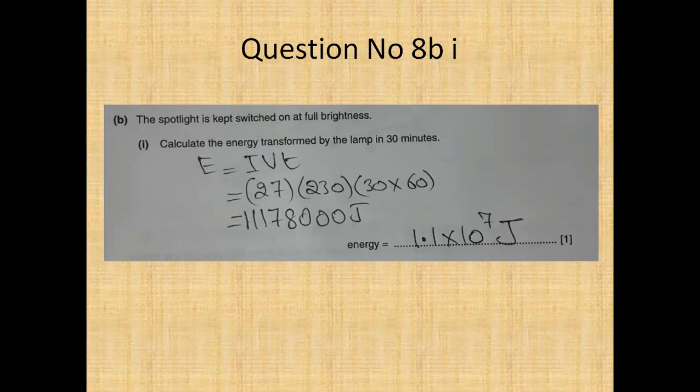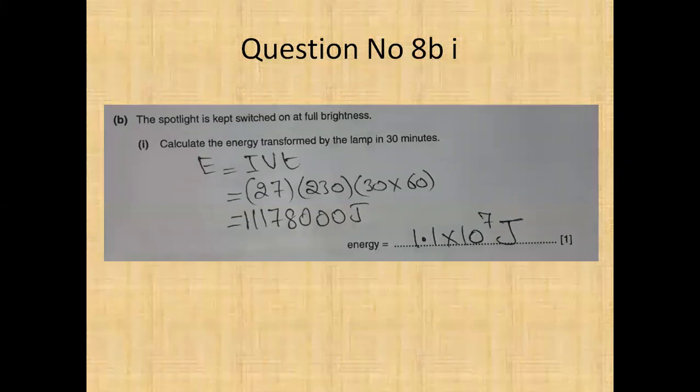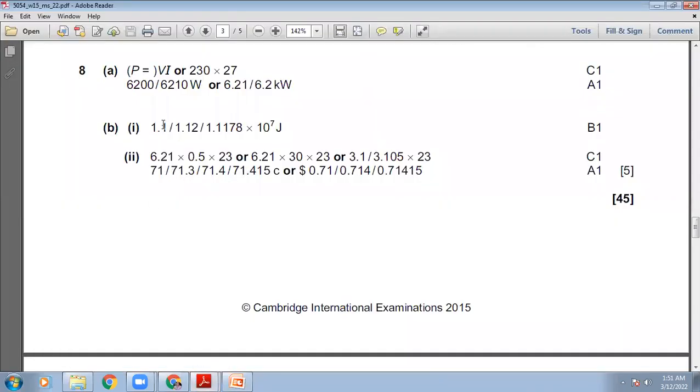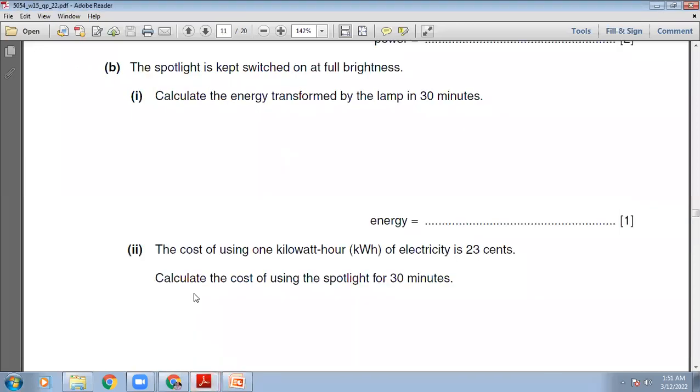So 30 multiplied by 60. So IVT is 27 multiplied by 230 multiplied by 30 multiplied by 60. Your final answer will be 1.1 × 10^7 joules. Let's have a look at the marking scheme. 1.1 × 10^7 joules is the right answer, sir.